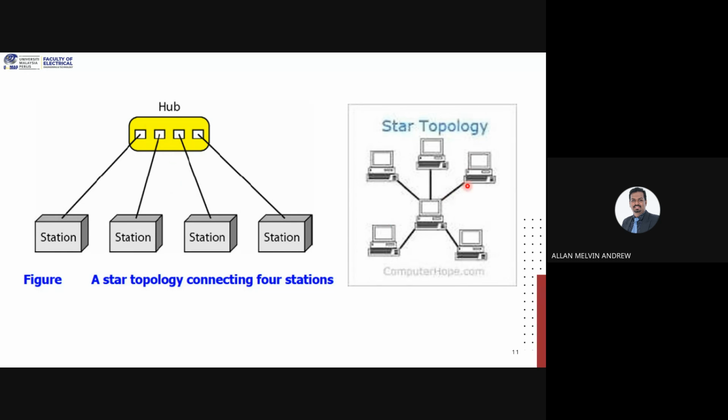So this is an example of a star topology. Similarly, it will be connected to the middle, and all the nodes will be connected to this PC.